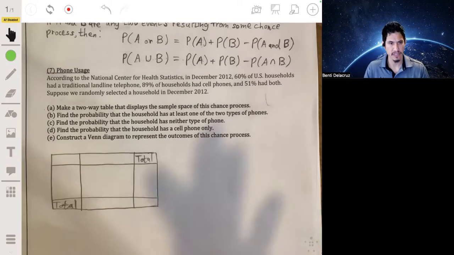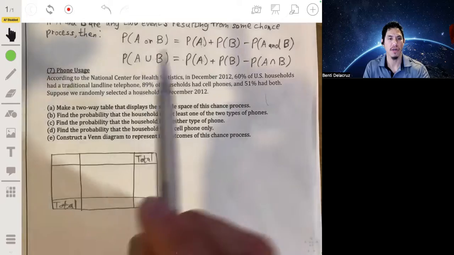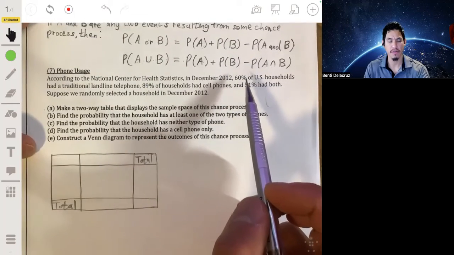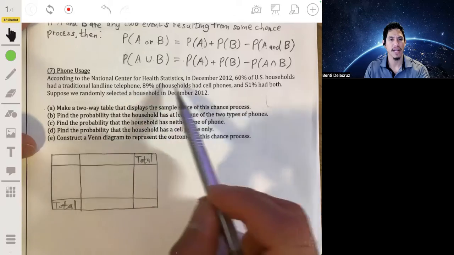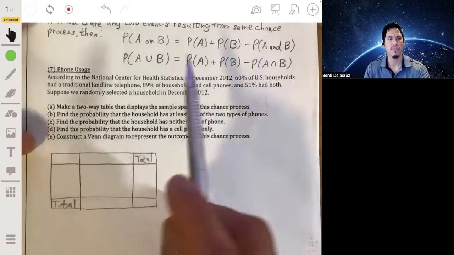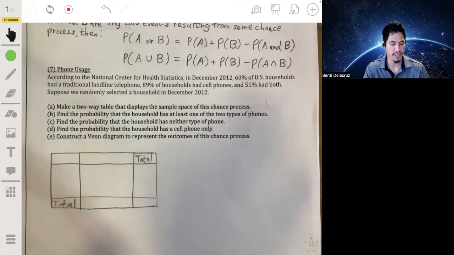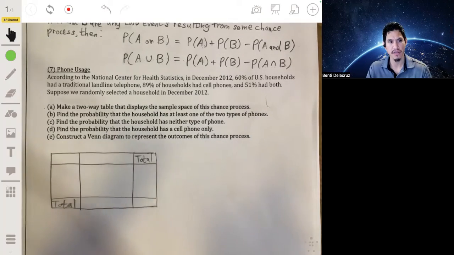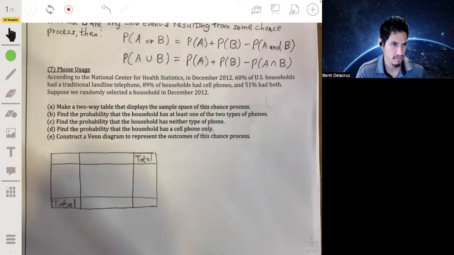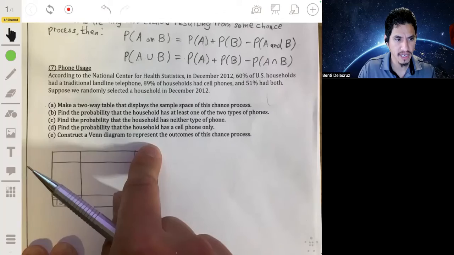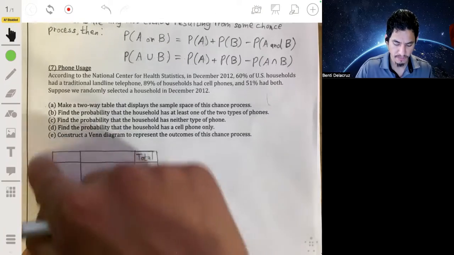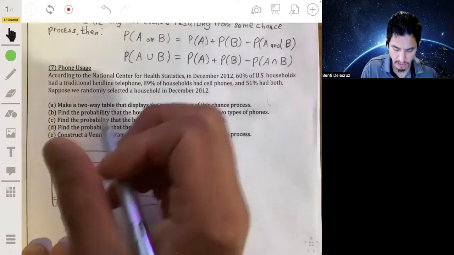Okay, so let's break down what we got going on. So we have statistics or percentages corresponding with landline telephones and cell phones. So we're really looking at two things: the statistics of landline telephone ownership and the statistics of cell phone ownership. So across the top, let's have the landlines, and then down the side, the rows will have cell phones.